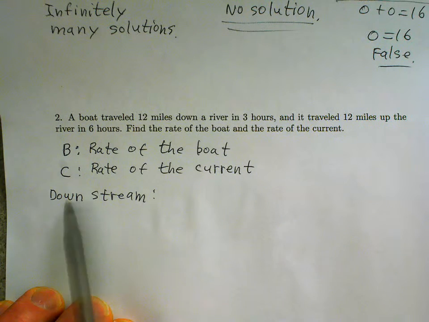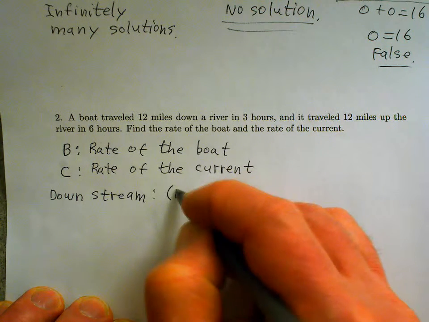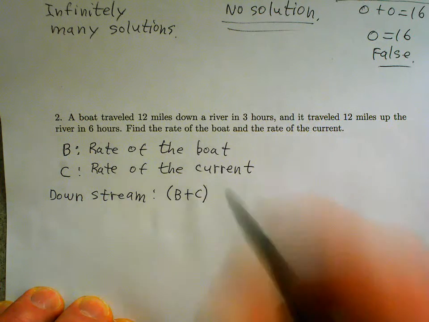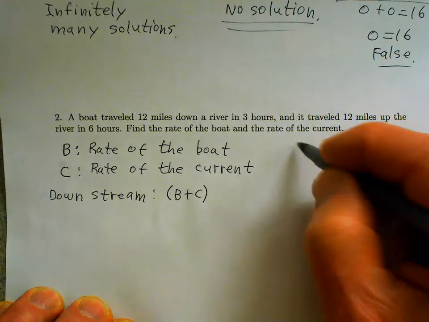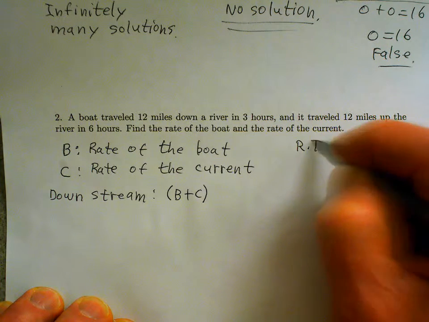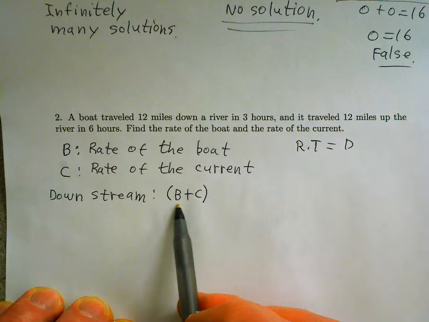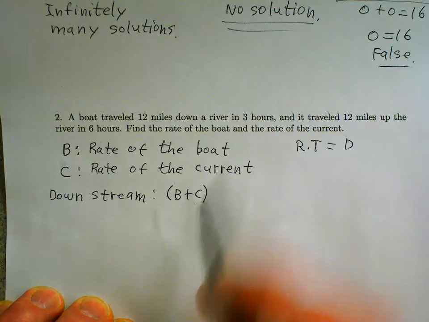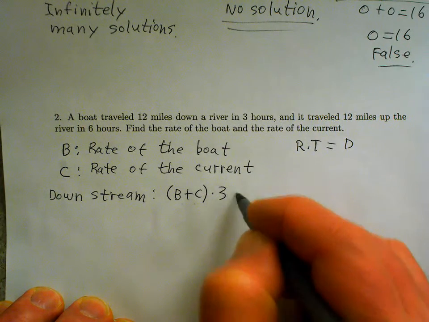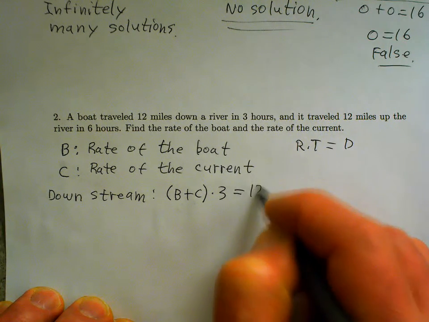the rate of the boat will be B plus C. We're using rate times time equals distance. So the rate of the boat going downstream is B plus C, and we're told that in 3 hours it can travel 12 miles.